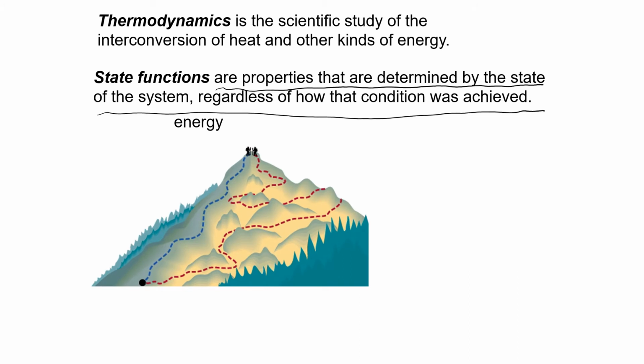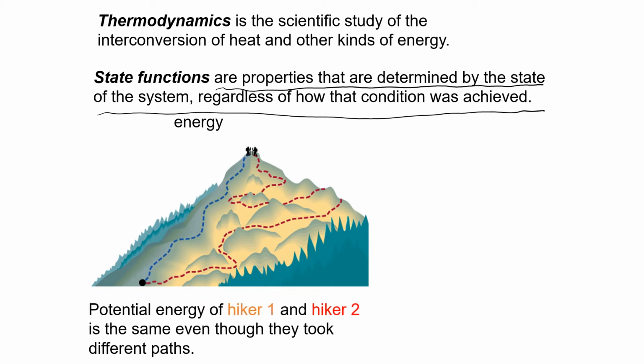So here we have a diagram that shows hiker 1 and hiker 2. And they both climb to the top of this mountain. The blue path represents hiker 1. The other path represents hiker 2. The red path, this hiker weaved all over the side of that mountain, but they ended up at the same place.